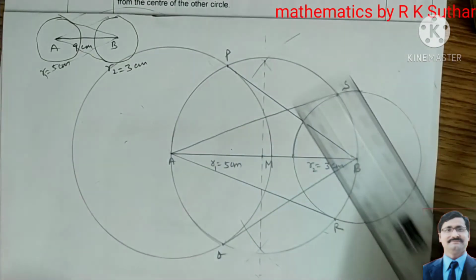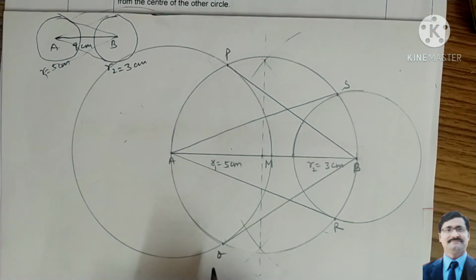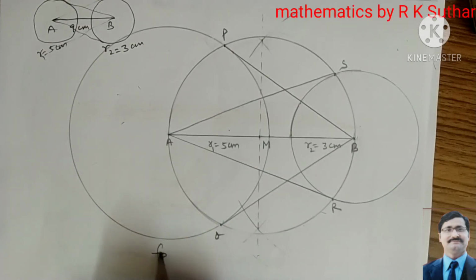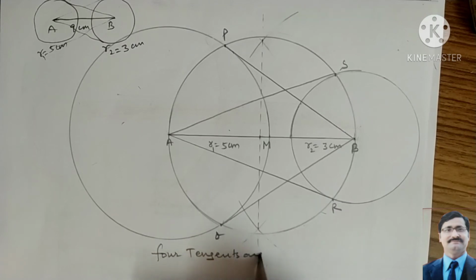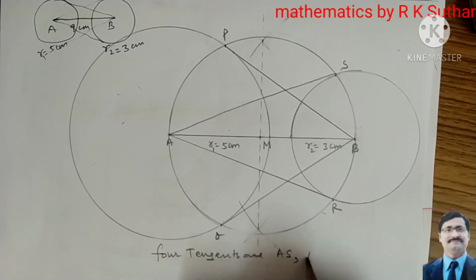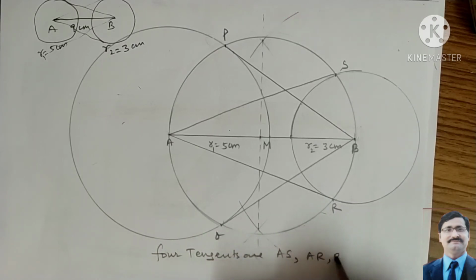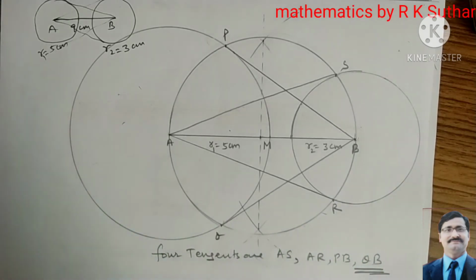So this type we get here 4 tangents. Here we can write, these are 4 tangents. The 4 tangents are AS, AR, PB and QB. These are the tangents. All of you understand these?